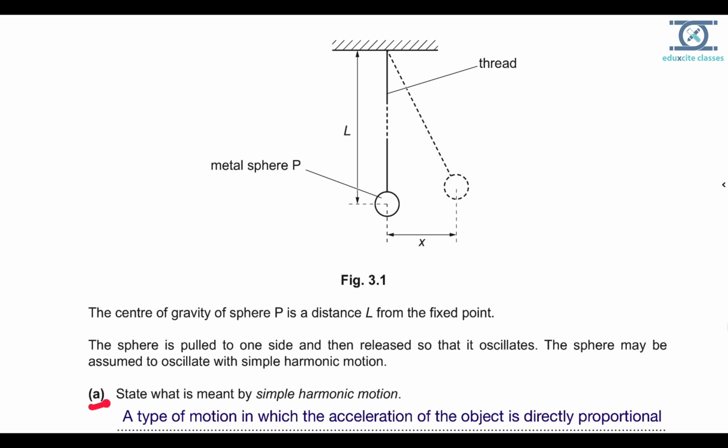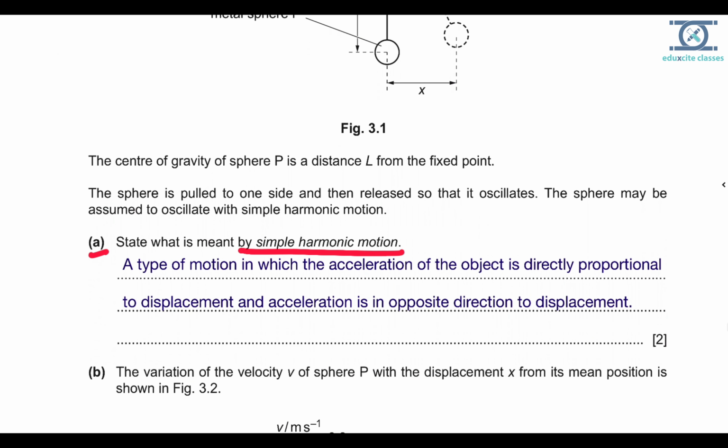So the first part is, what is meant by SHM? We have to define simple harmonic motion. This is a type of motion in which the acceleration of the object is directly proportional to displacement, and the acceleration is in the opposite direction to the displacement. Such motion is said to be SHM, or you can say acceleration is directly proportional to minus x, that is the displacement.